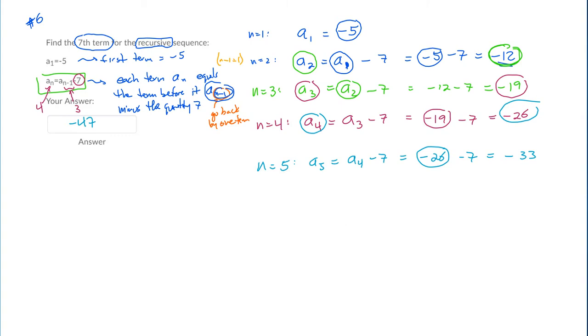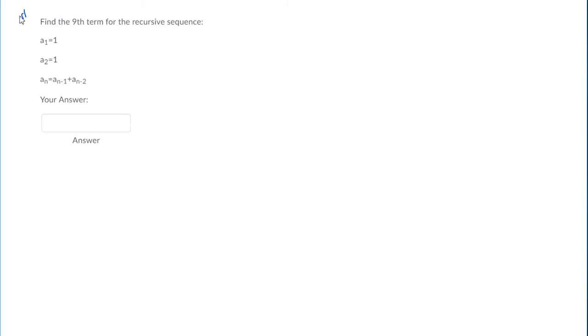Here we are on problem number 7. In this case, this is recursive. Recursive means that I need to know the values of the term or terms before my current term in order to get the value of the current term. What's interesting is we have a two-step recursive relationship, because we have to go 1 unit back and then a second unit back.